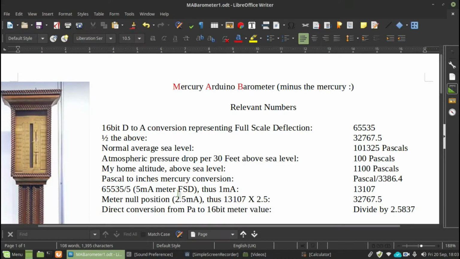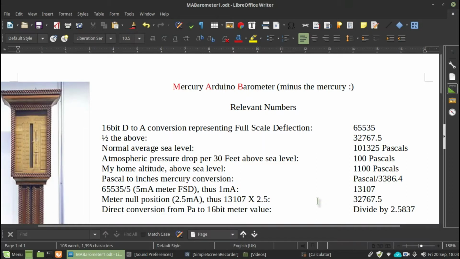If you take the 16-bit wide number up here, which is 65,535, it's a 5 milliamp analog FSD meter. So if you divide that by 5 to get what the number will be for every milliamp of movement on the meter, you'll come to a number which is 13,107.